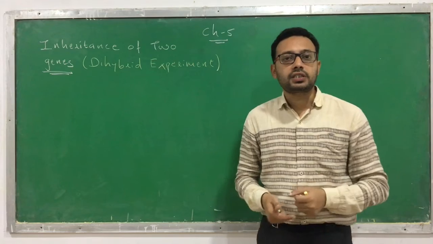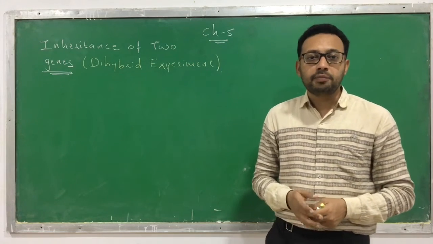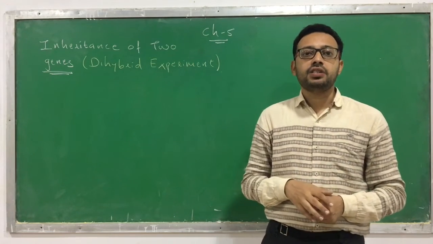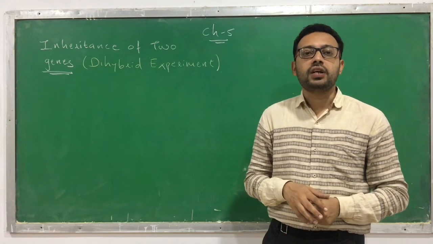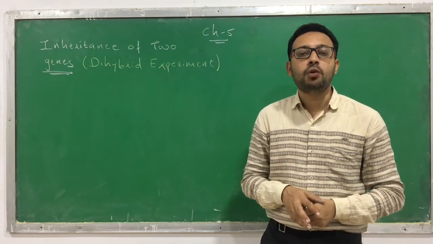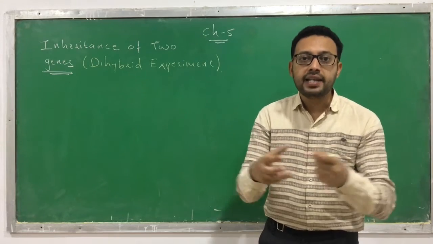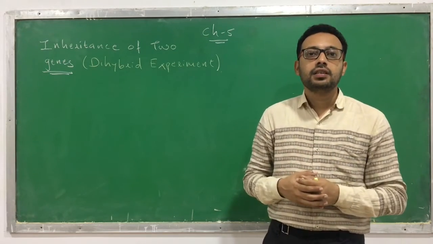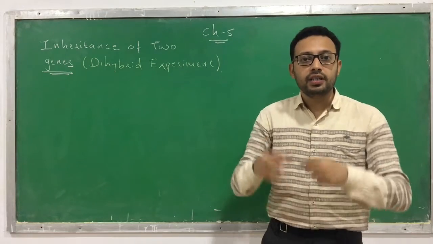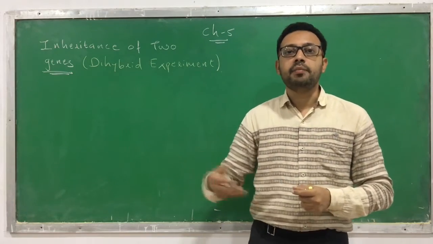We have also discussed the law of segregation. If you see the F1 generation of the monohybrid experiment, you find the genotype capital T small t. Here the characters are not blended or mixed; they segregate, they separate during gamete formation.